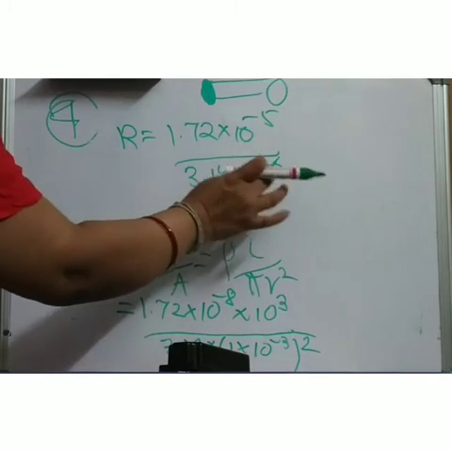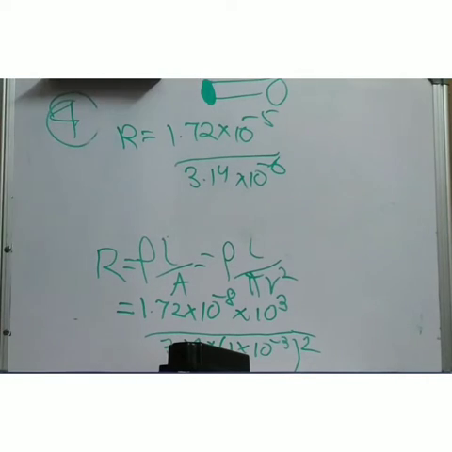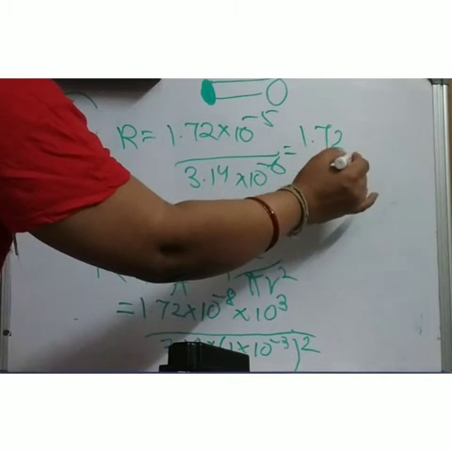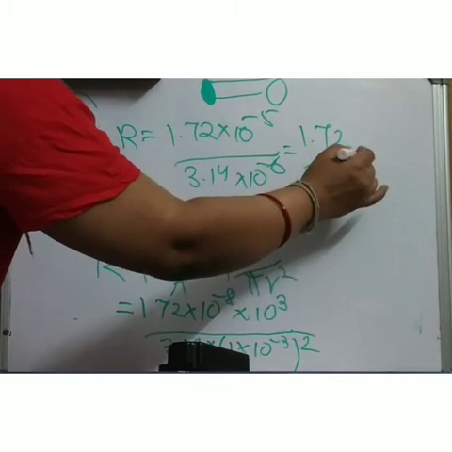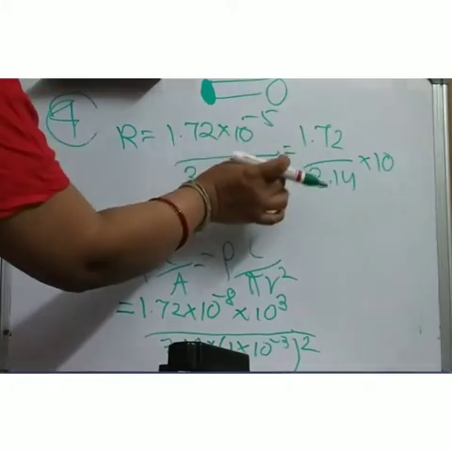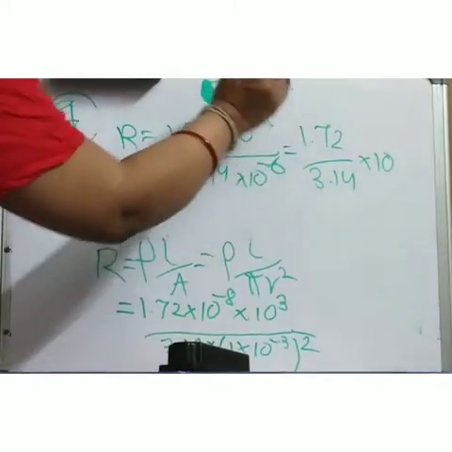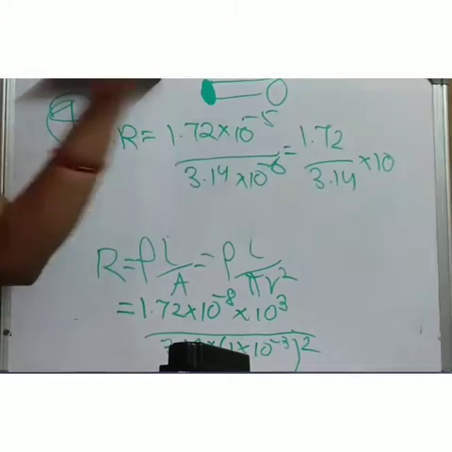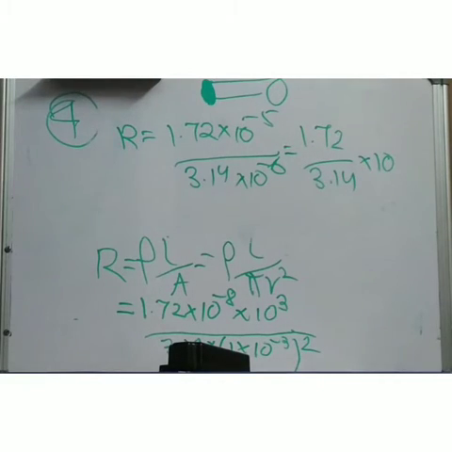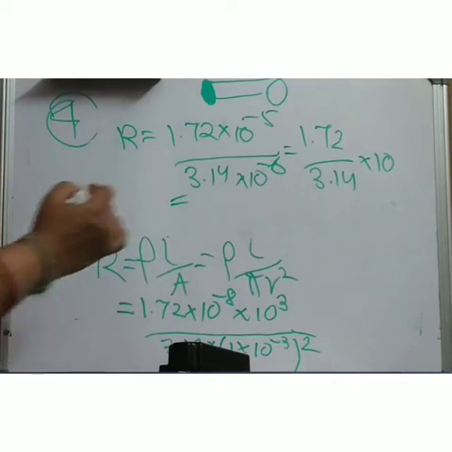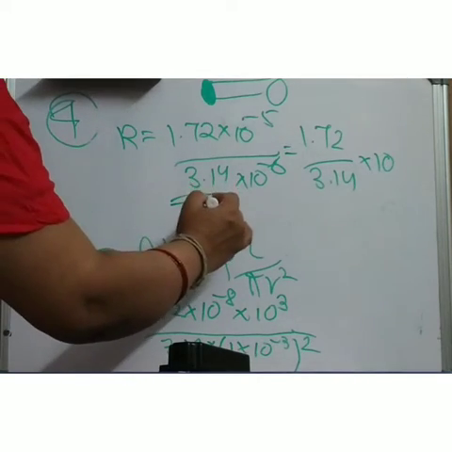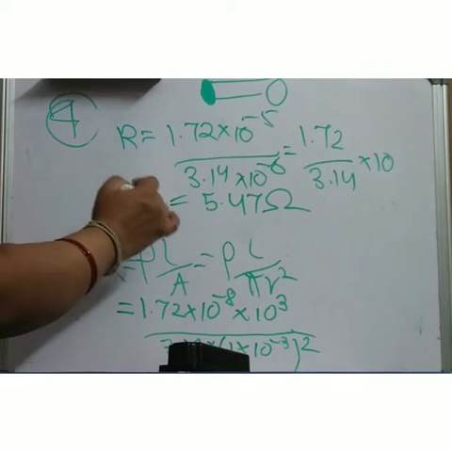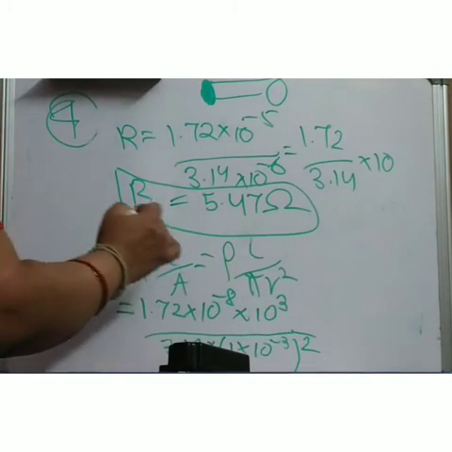So 10 to the minus 5 and 10 to the minus 6: when the denominator term goes up, it becomes 10 to the power 6. So 10 to the minus 5 into 10 to the power 6 gives you 10. When you calculate this, the value you will get is 5.47 ohm. So this is the resistance, and this will be your answer.